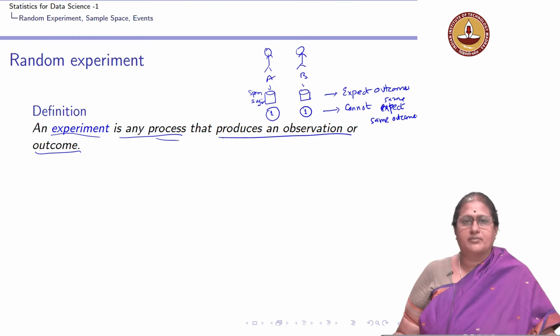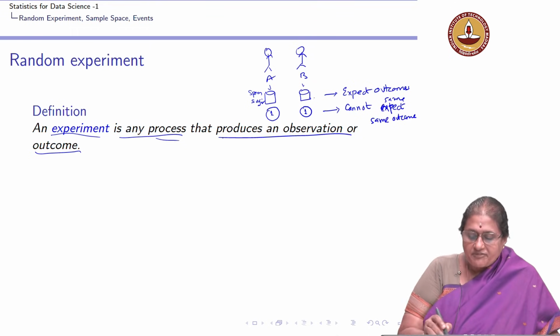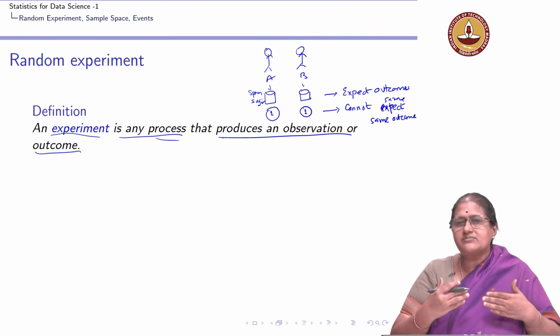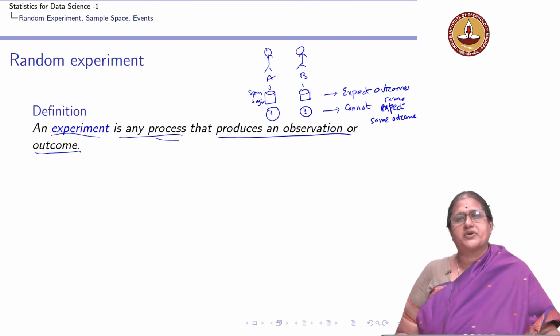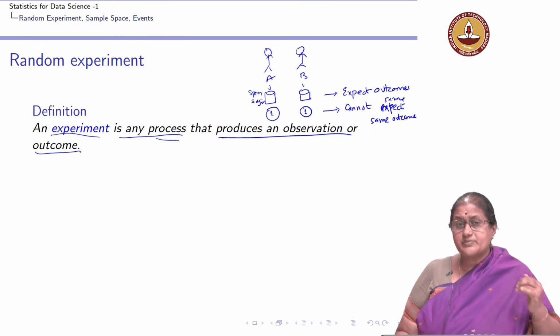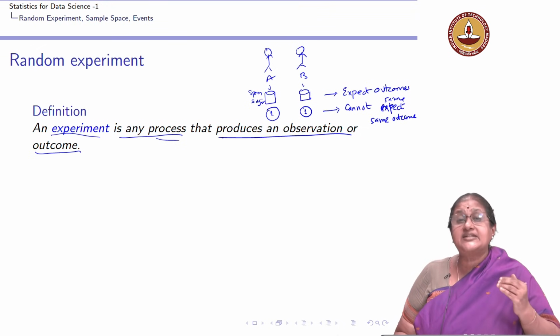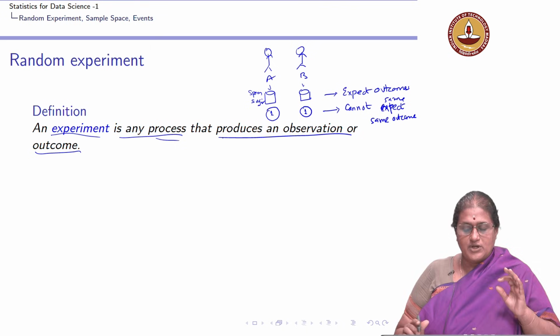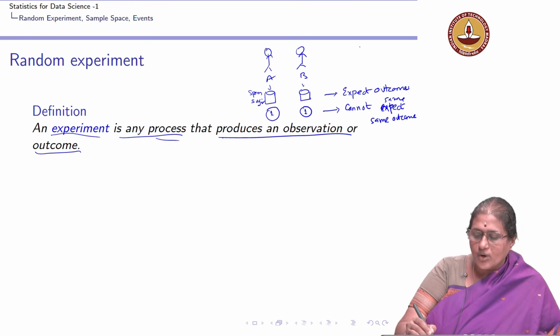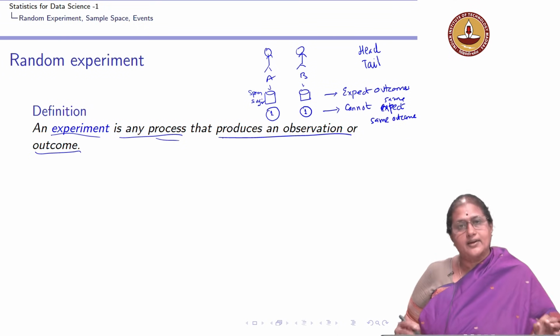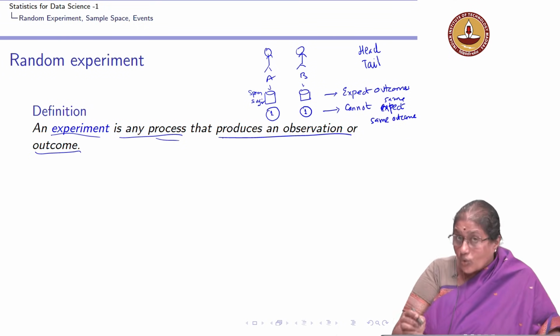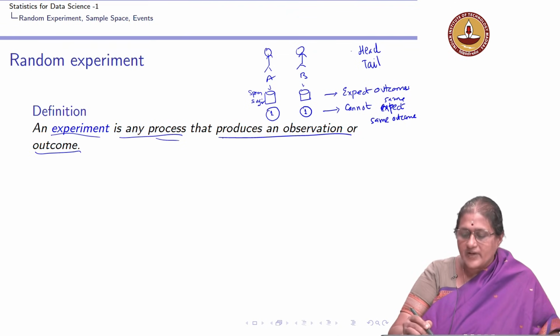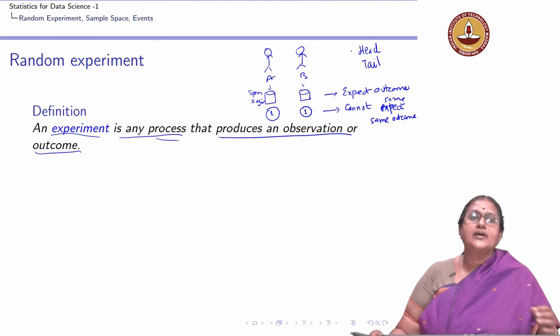we cannot expect the same outcome. So, in the first case, it is some sort of a deterministic experiment, whereas in the second case, because my outcome is uncertain, when I toss a coin, I do not know which of the outcomes would come. I know I could either get a head or a tail. I know the outcomes, but I do not know whether it would be a head or a tail.